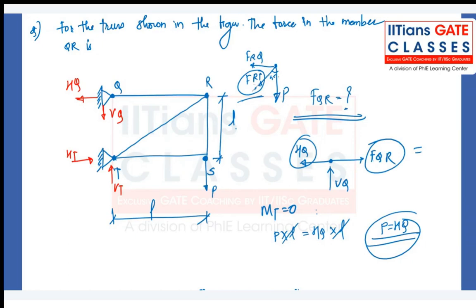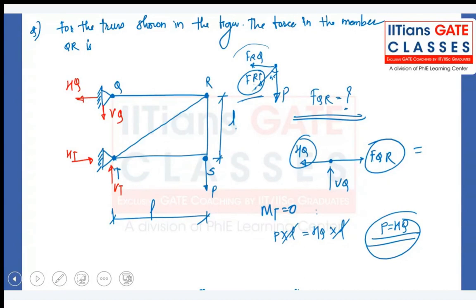I agree with that, but if the angle is different, then you have to calculate FRT, and for that you will draw the free body diagram of joint T. Sir, if the angle is 30 degree, we can also use tan theta; the other angle will be 60 degree, sir. Yes, you can do like that. No problem.